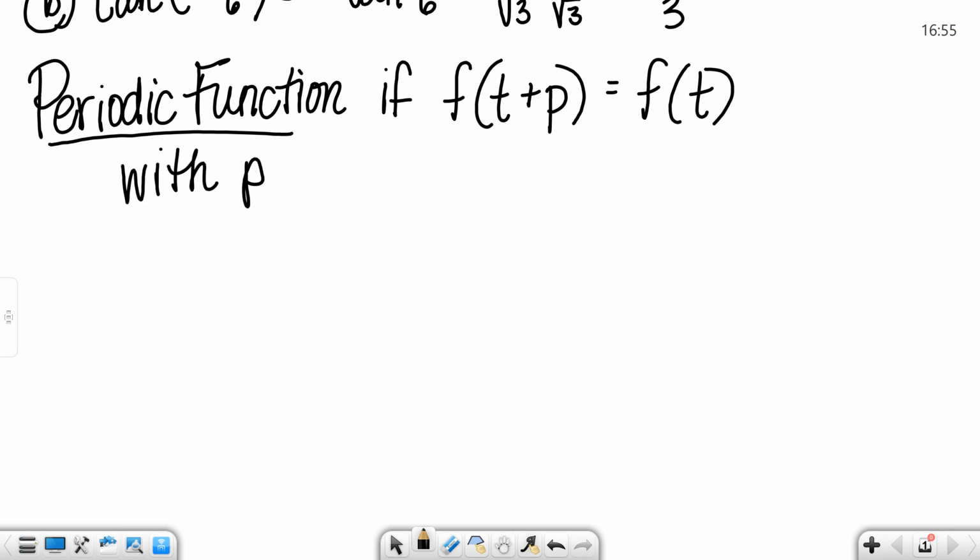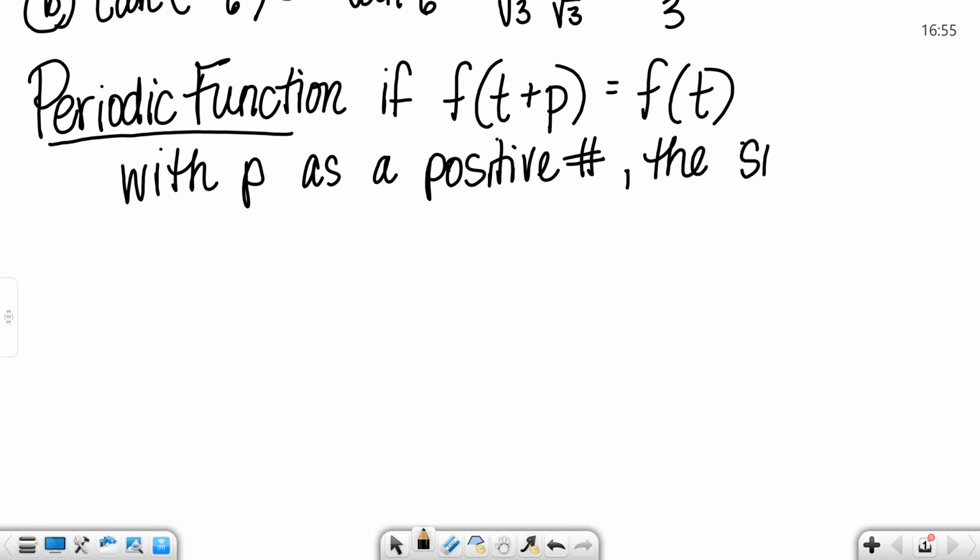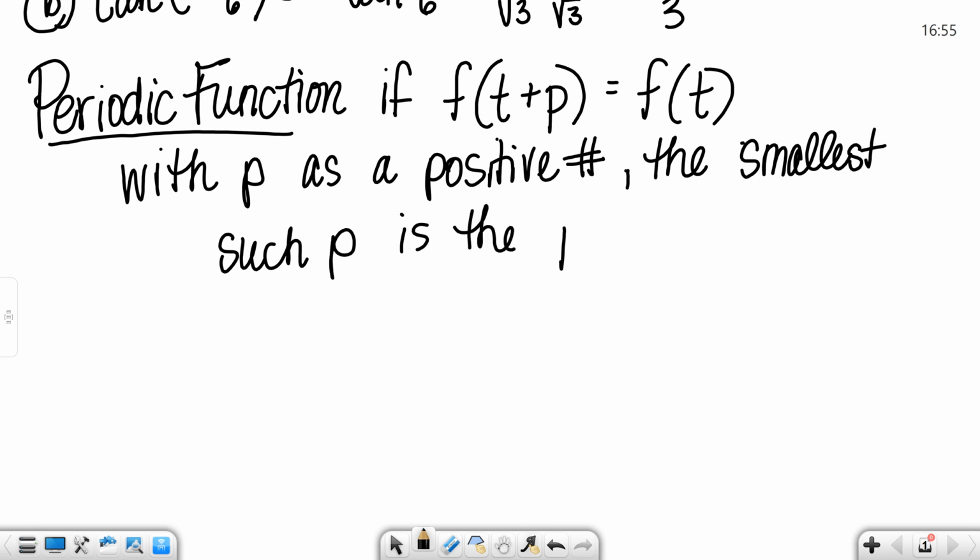With p as a positive number, just some positive number, and we want the smallest such p, whatever that smallest p is, is the period of our function.